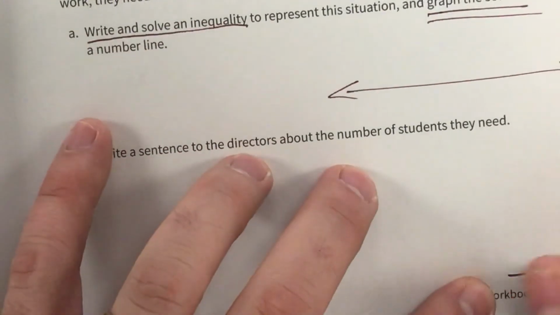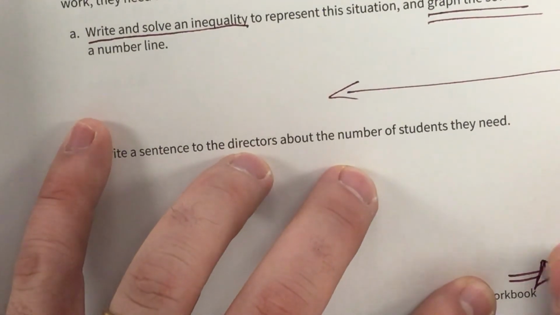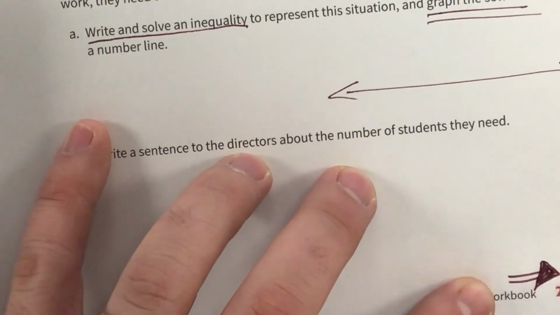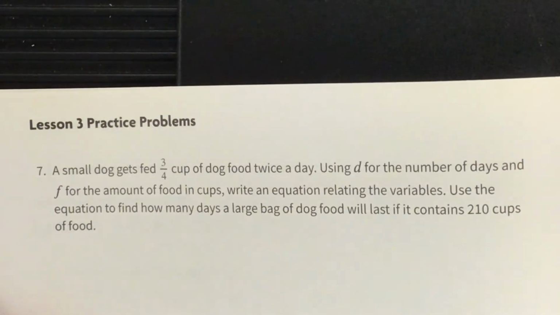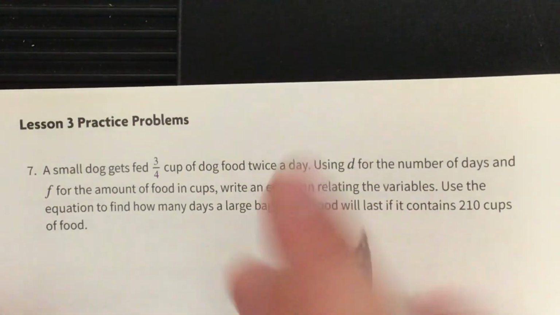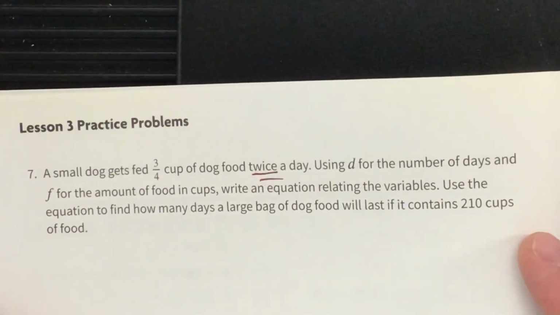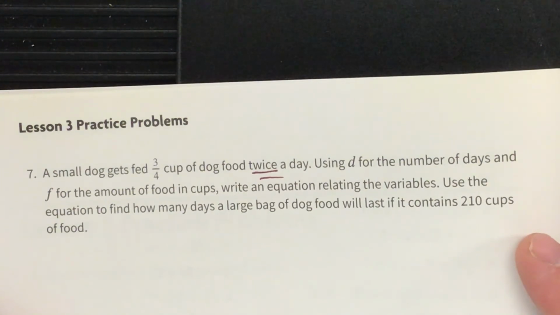And then make sure you have a little arrow here on 29. There is one more question on page 30 about feeding your dog. Okay, your dog gets 3/4 a cup of food twice a day. Keep that in mind. So you should know how to figure out how much it gets per day at that point.